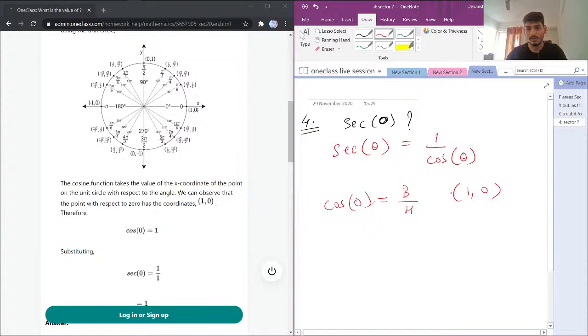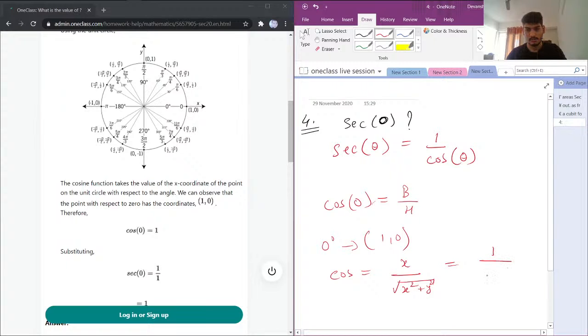For 0 degree we have the coordinates 1 comma 0, and to find cosine we have x over the square root of x square plus y square.